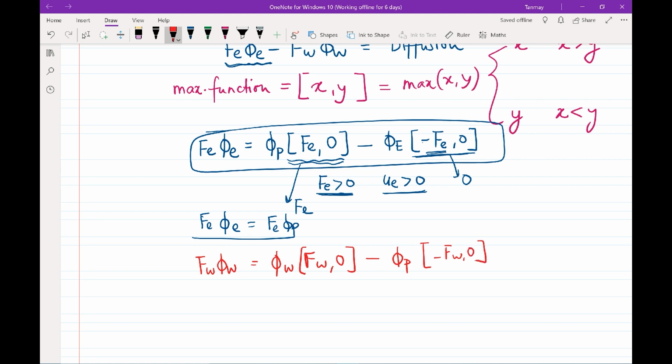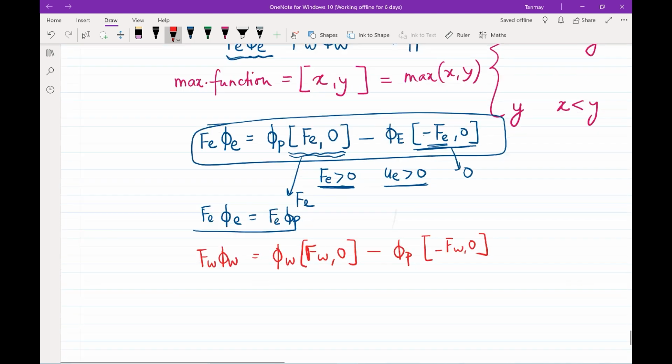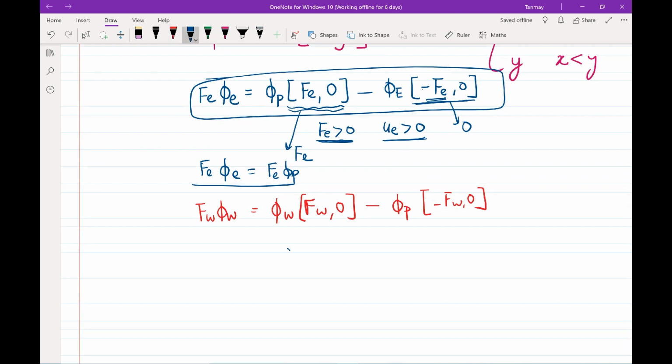And when we want to write the governing equation, it would also take the same form: ap phi p equals ae phi e plus aw phi w.